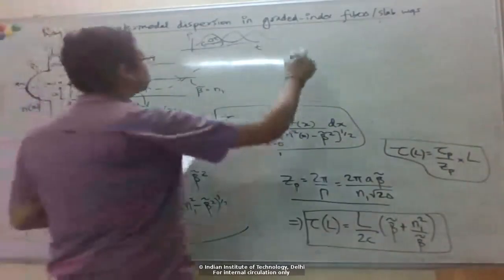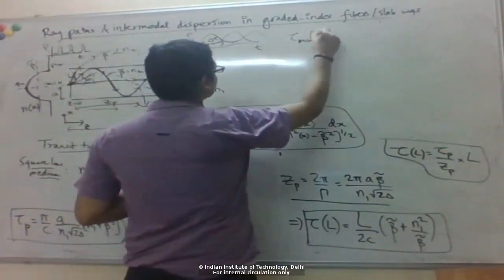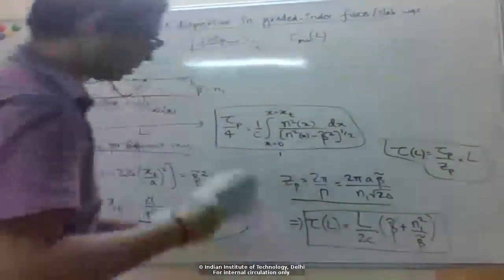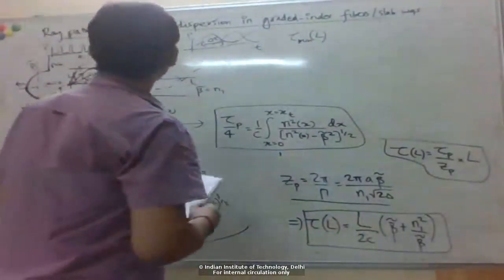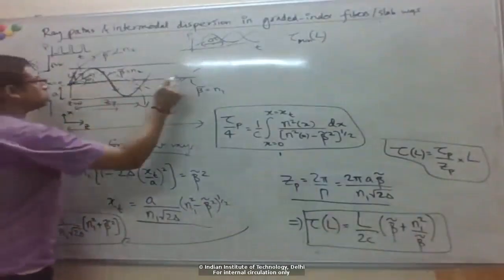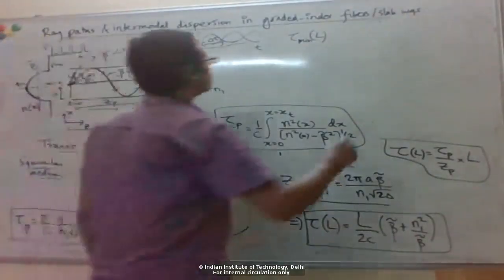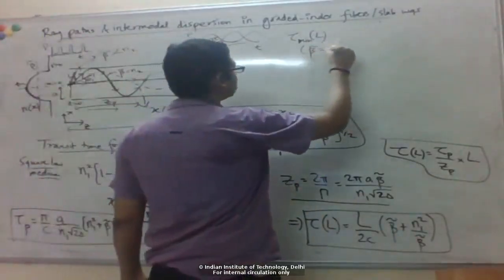So again, tau min of L will be the ray which goes straight through. This will correspond to beta tilde equal to n1.